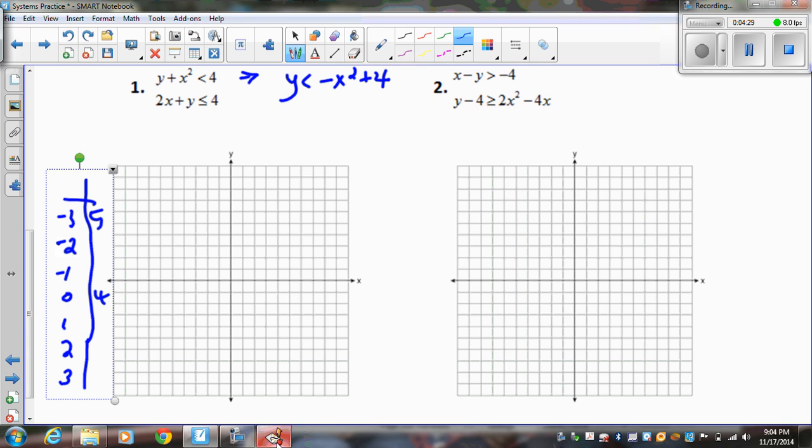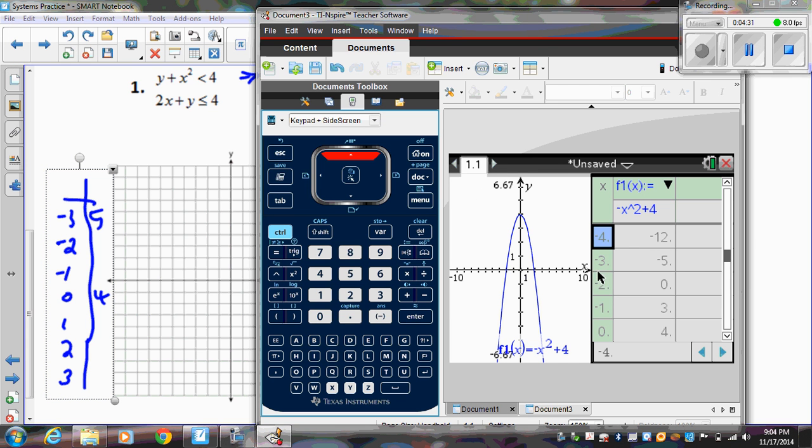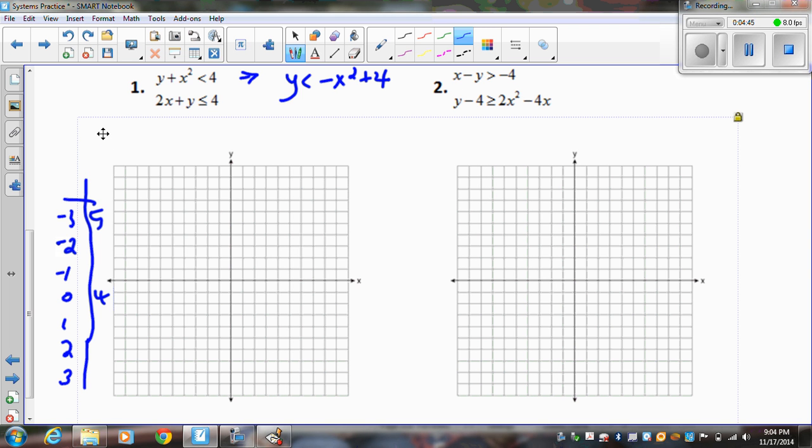Let's go back and see what our other values were. So we have negative 3, negative 5, negative 2, 0, negative 1, 3, and then it's going to bounce back around. Oops, that's not a negative 4, that's a negative 5.